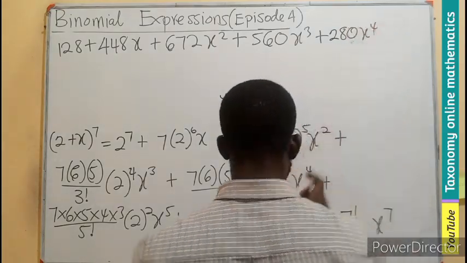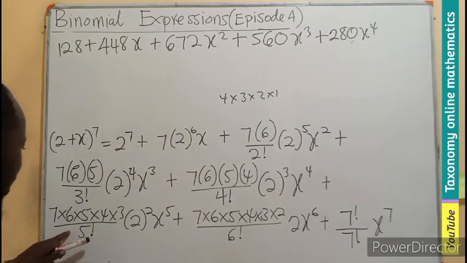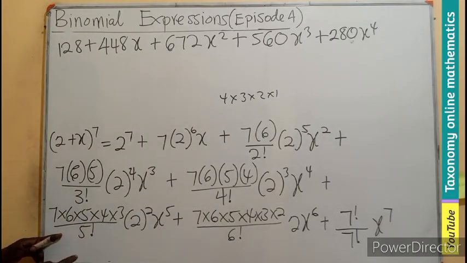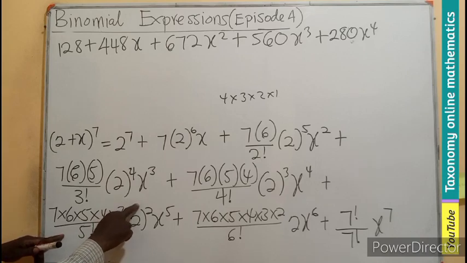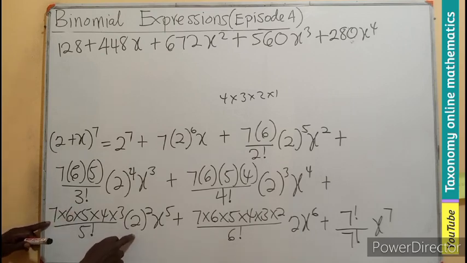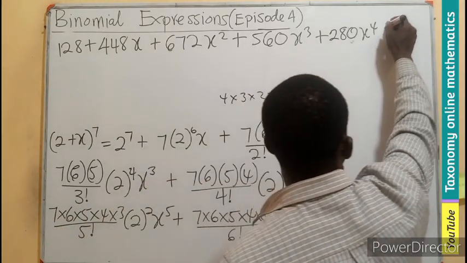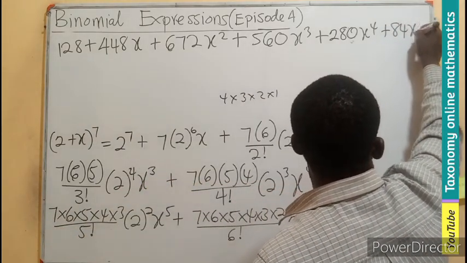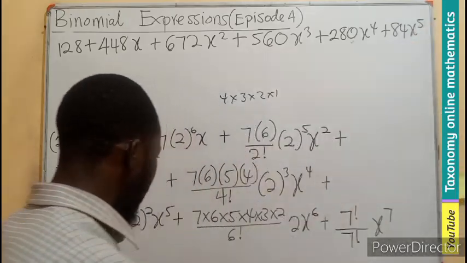So we have 280 x exponent of 4. Where are we going? We are going here. This is going to be 5 times 4 times 3, which will cancel times 2. So 2 will be left in here to cancel this, making 3. 21 times 4, and that will give us, I think, 84. So we have plus 84 x exponent 5.